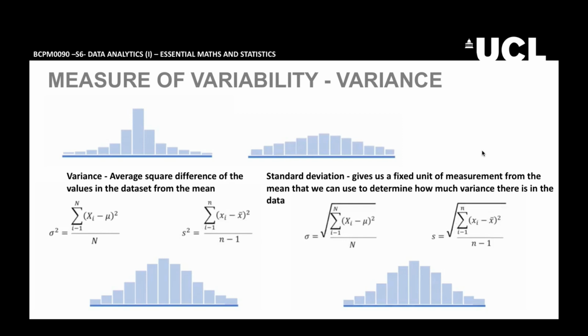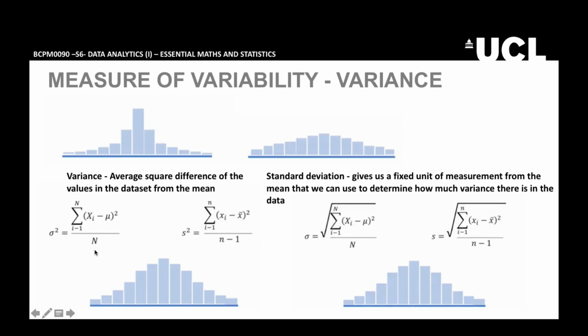We measure variance as the average squared difference of the values in the dataset from the mean. We need to square the difference, otherwise the average difference from the mean will just be 0.